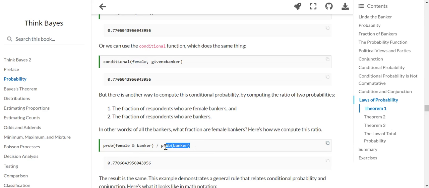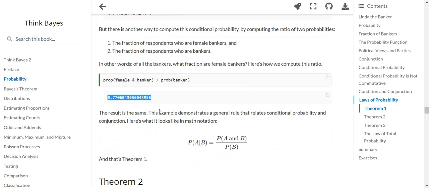The sample space is just the banker space, right? Because now we are looking for the probability that you choose a banker and she turns out to be a female. So the sample space is the number of bankers, while the space you're interested in consists of the female bankers. That also turns out to be 77%. The result is the same.